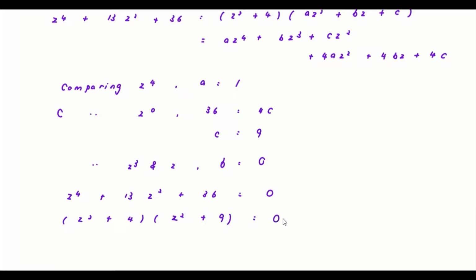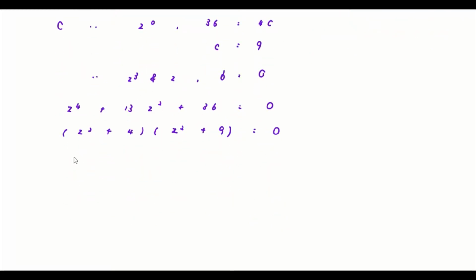So now by having this, we can try to solve it. So z square plus 4 is what we have for the first one. So we can just expand it. So z will be equal to positive negative square root negative 4, right? So this gives you the answer for negative 2i and also 2i.